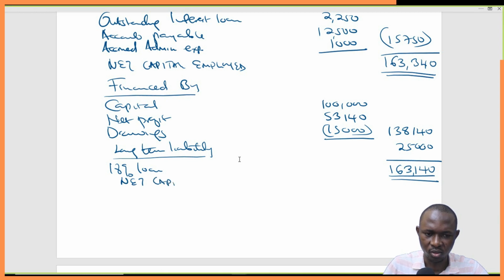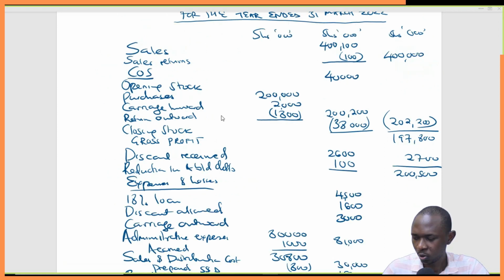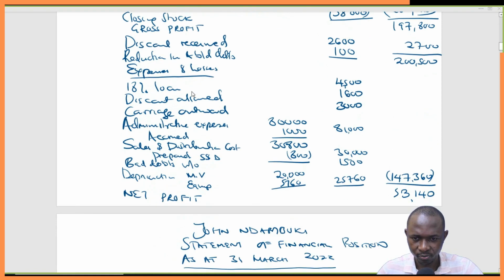Net capital employed is not balancing, but this is a small deal. So we just go back and check where maybe we might have gone wrong, either the computations, or maybe we've left out something. So let's just check this before we close.